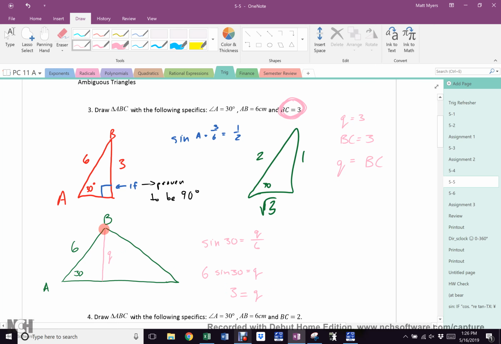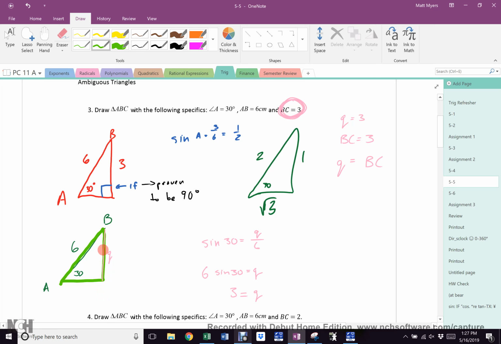And if our altitude equals the third side of our triangle, then we can only possibly build one triangle. Because if this Q is anything other than 3, will it stop right there? No. It'll either go past or be short, right?